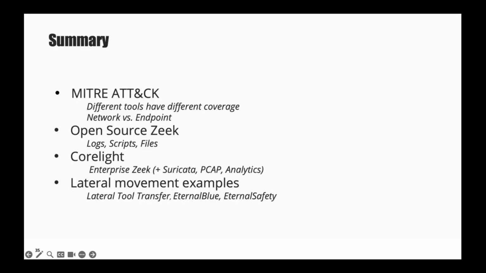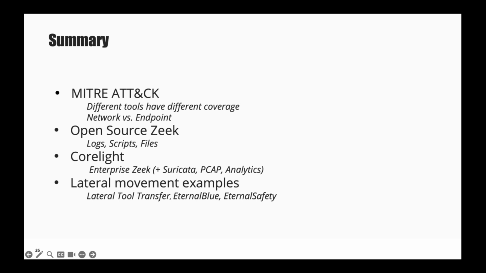Just to wrap this up a little before we go into questions and answers, we were talking about the MITRE ATT&CK framework, how different tools have by their inherent nature different coverage. Some types of malicious behavior and different phases of an attack will be more easily detectable by an endpoint solution, some by a network solution, and some by other forms of defensive technology.